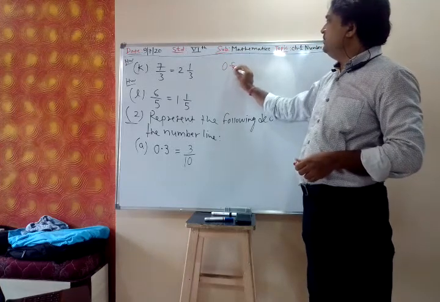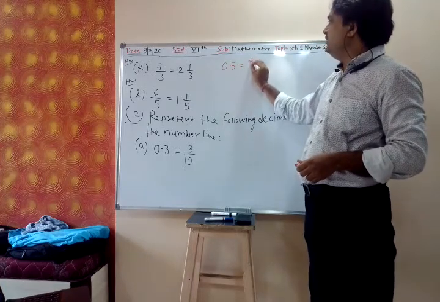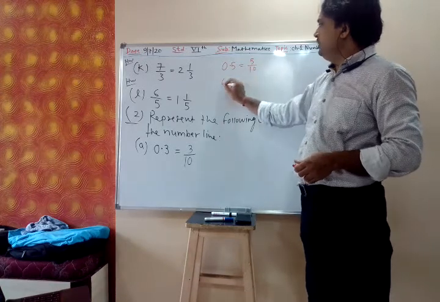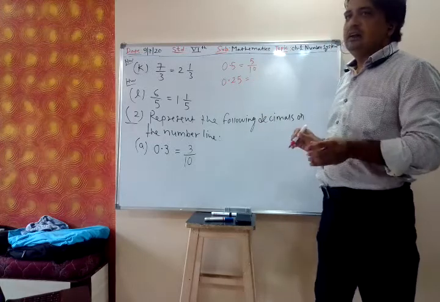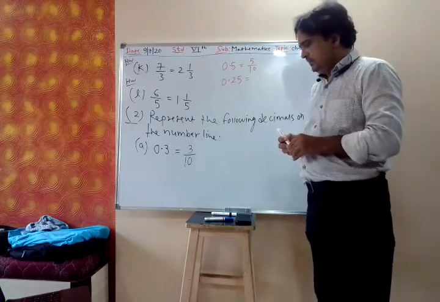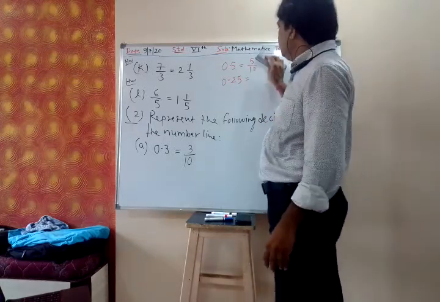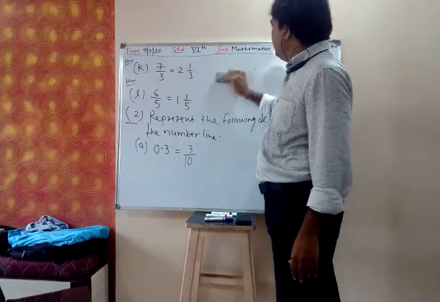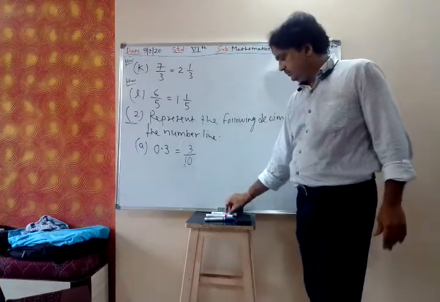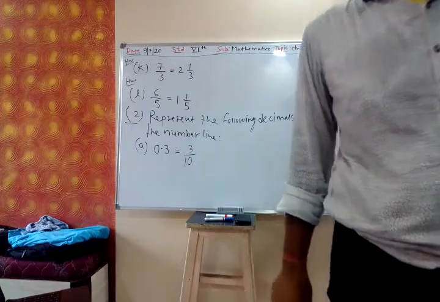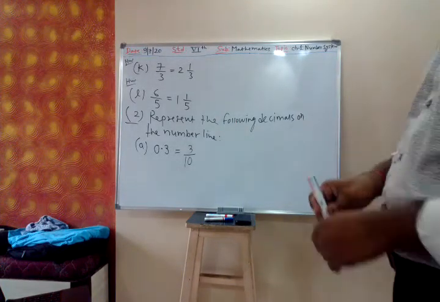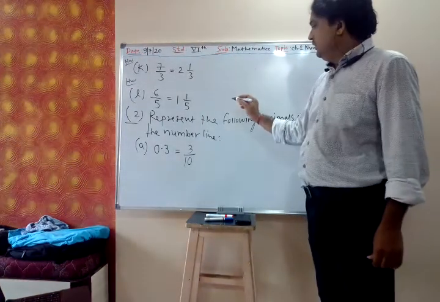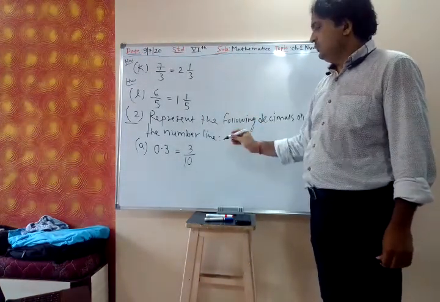After decimal there is 1 digit, so I can write 5 upon 10.